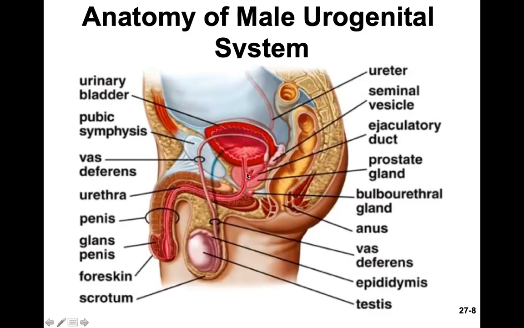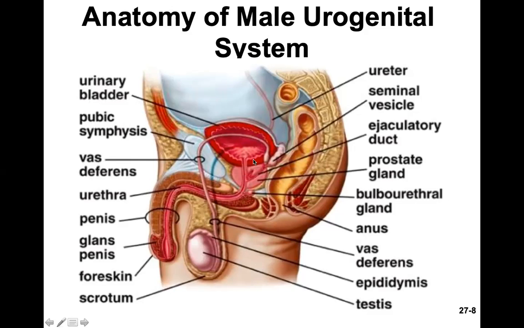You can see here that the urethra will pass directly through the prostate. Again, we'll definitely talk about this a little bit later, but as the prostate enlarges, so if a male has prostatitis, BPH, or prostate cancer, that enlargement can encroach upon the urethra and close it off so that it makes it hard to empty the bladder.